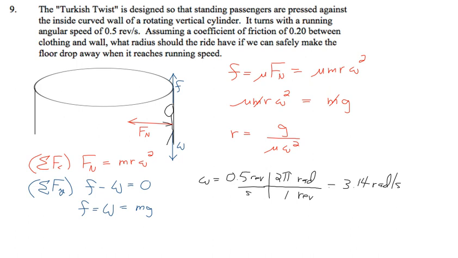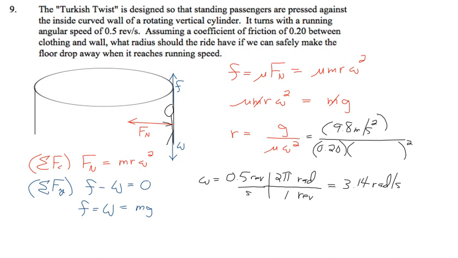And then plug it in above. So I'm going to put in 9.8 meters per second squared, divided by the mu, which is 0.20, and omega squared. Make sure you put the parentheses in first so that the square is on the outside, not on the inside.